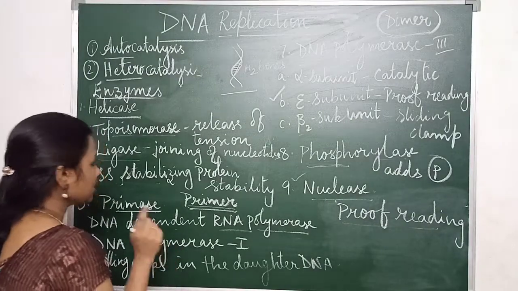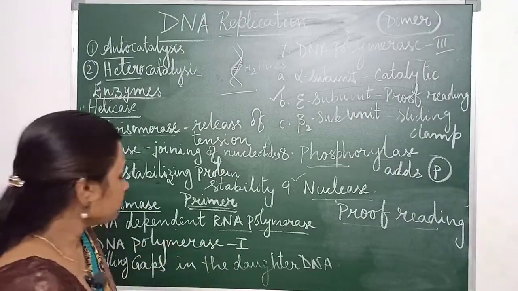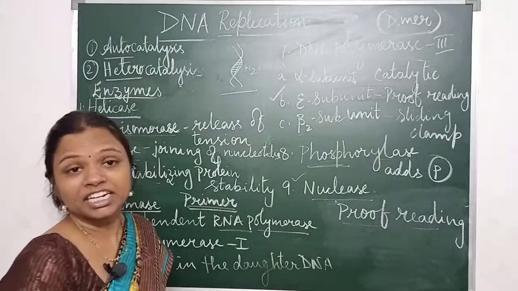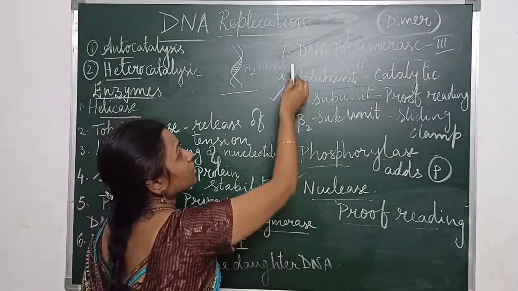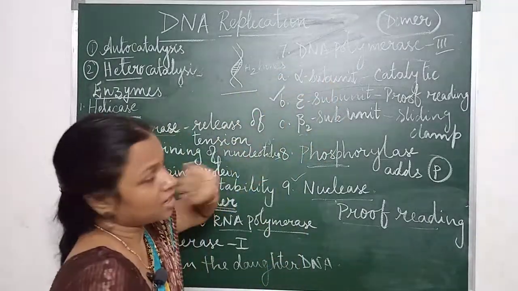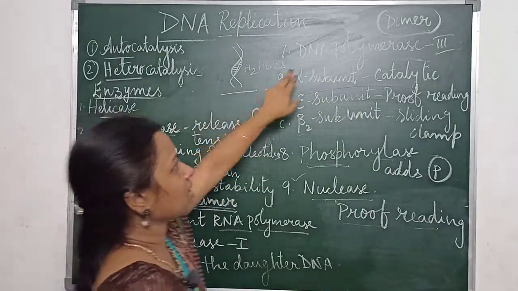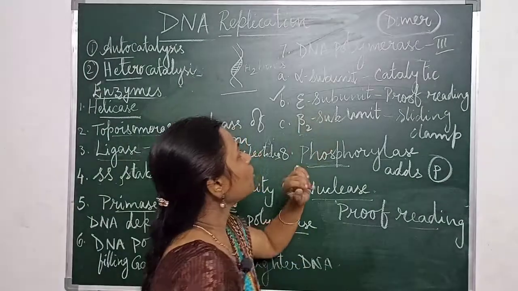Then we have DNA polymerase 1, which fills in the gaps when the daughter DNAs are formed. And then the very important enzyme which participates in replication, the DNA polymerase 3.